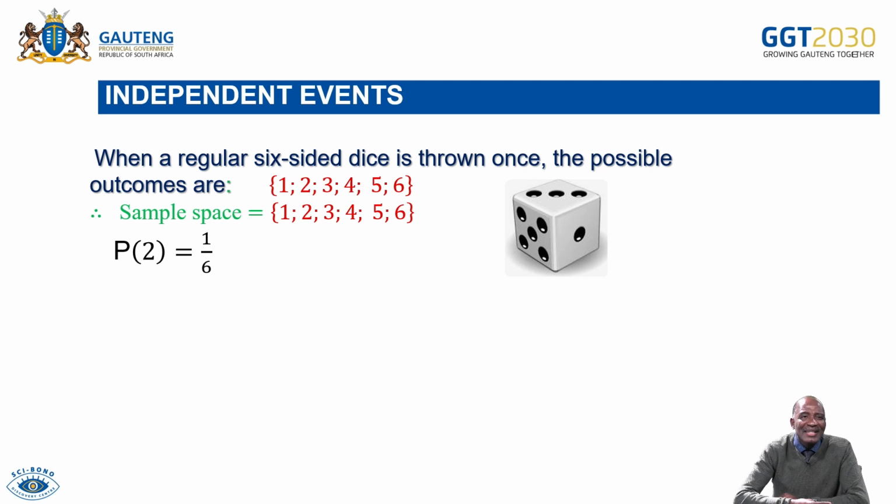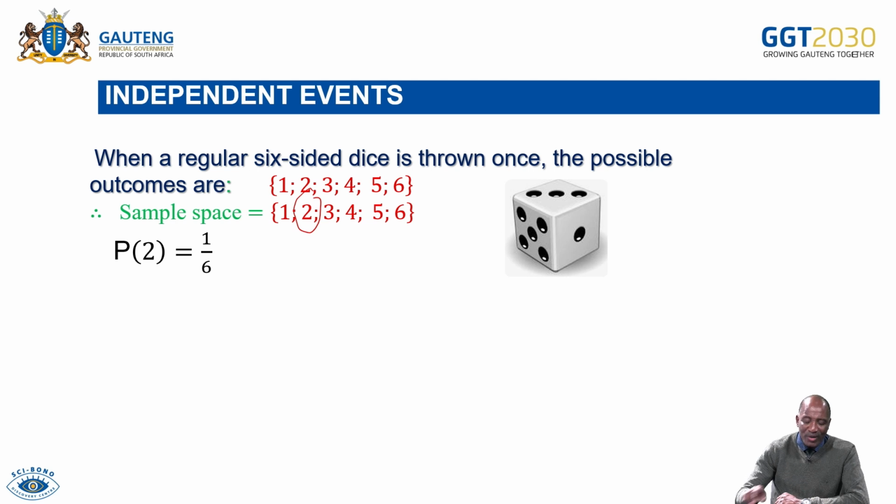So the probability of getting a 2 is going to be 1 over 6, because there is only 1 two in our sample space out of a total of 6 of them. Therefore, the probability of obtaining a 2 is the number of 2's divided by the total possible outcomes, which is only 1 two in the total outcomes divided by 6. Therefore, the answer becomes 1 divided by 6.